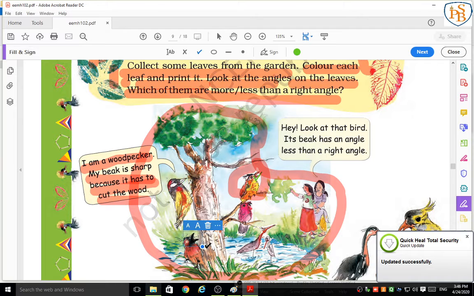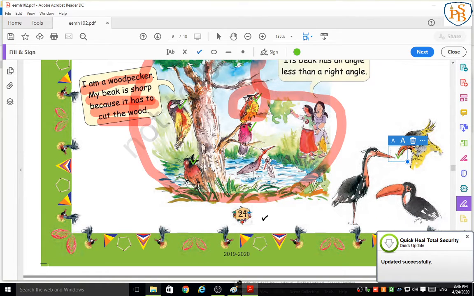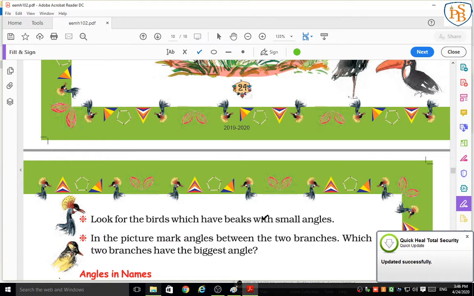Correct? Here also we can see some angles. Here also we can see some angles. Here if we see its beak, it shows different kinds of angle. Correct students? Yes. So in the pictures also we have to find out the angles.